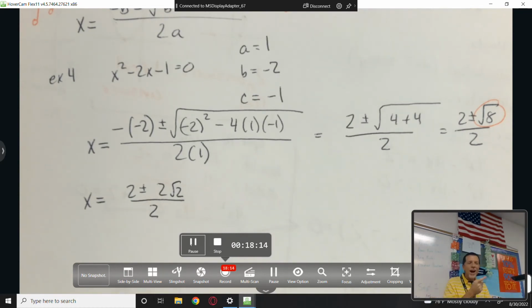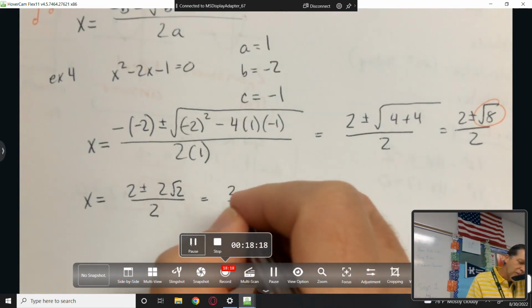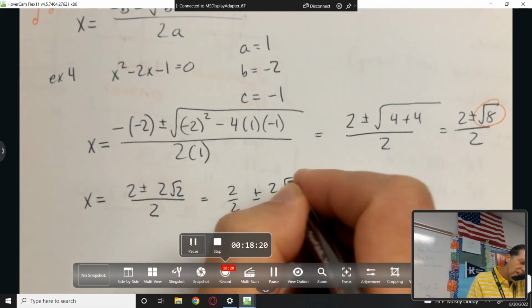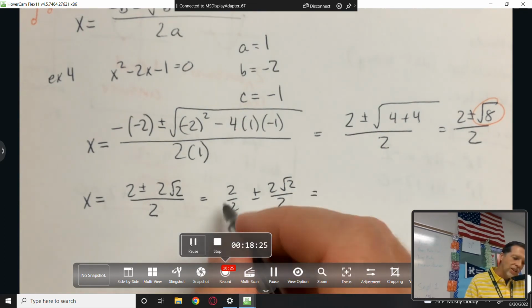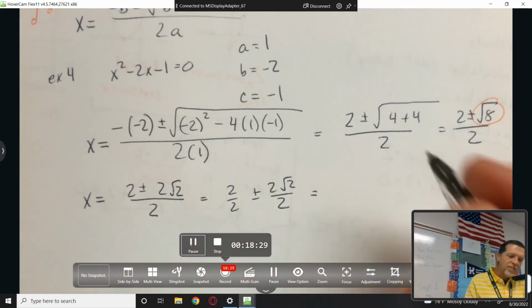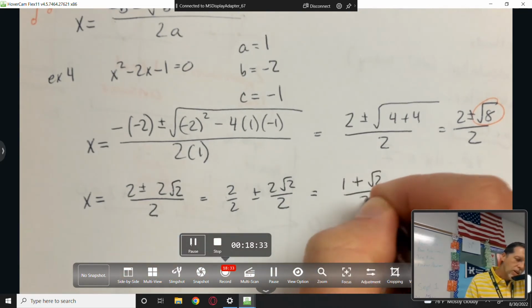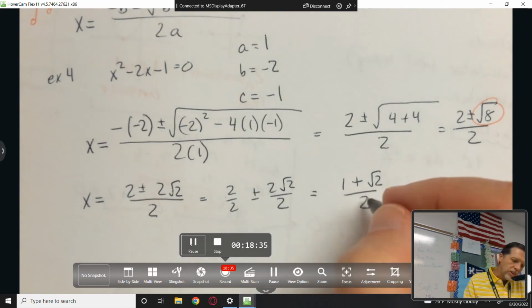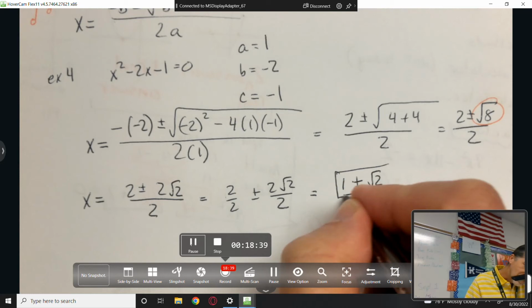The radical. There we go. Let me show an extra step here. That's the same thing, and that makes it a little more obvious that you can divide it. If you're going to divide by 2, make sure it divides into everybody. So 1 plus square root 2 all over 2. Whoops, not all over 2. We canceled that 2. 1 plus or minus square root of 2.